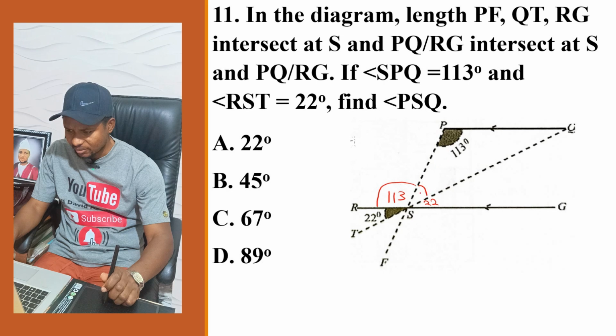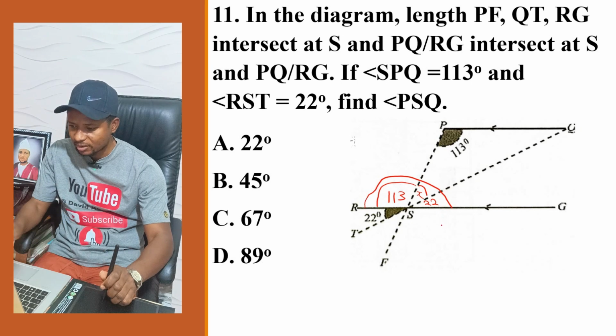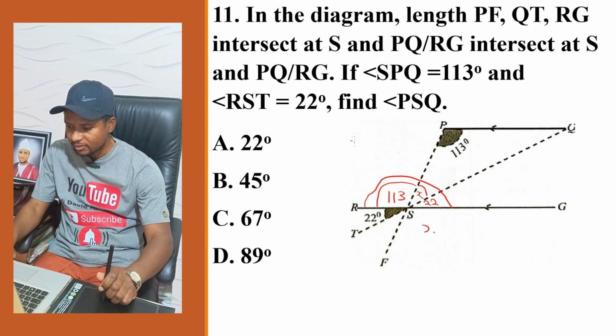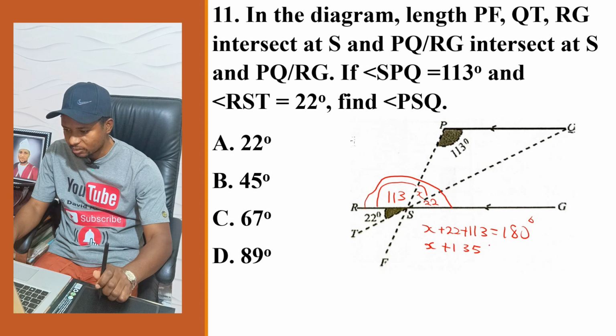So if that is 113 and this is what I'm looking for, let me call it X, then everything here gives me 180, sum of angles on a straight line. So you have X plus 22 plus 113 equal to 180 degrees. So X plus 135 equal to 180 degrees.